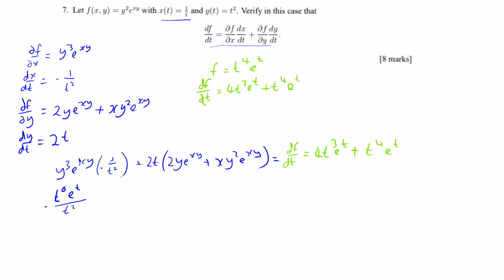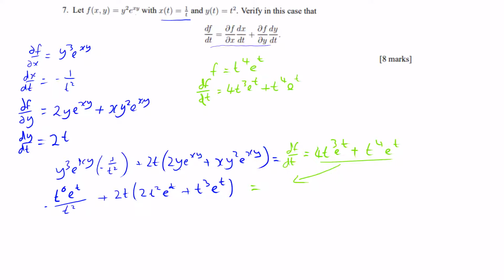And then we're going to add that onto 2t lots of 2t squared e to the t plus xy squared, so y squared is t to the 4, x is 1 over t, so that's t to the 3, e to the t, and then that is equal to our expression here.